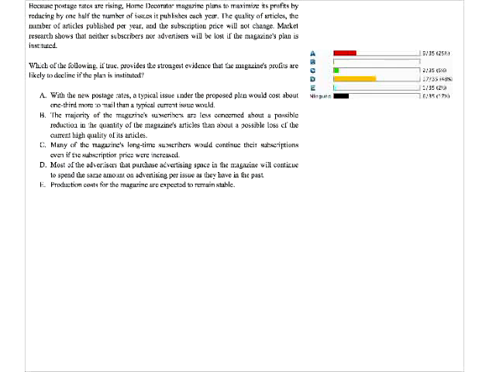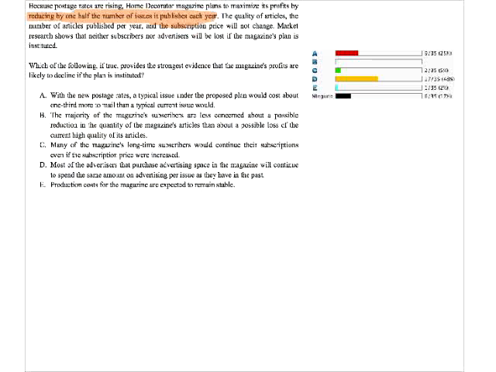Let's take a look. Because postage rates are rising, Home Decorator magazine plans to maximize its profits by reducing by 1/2 the number of issues that it publishes each year. So, half as many issues.